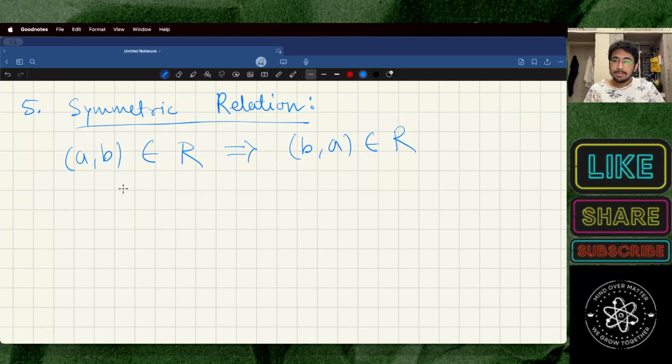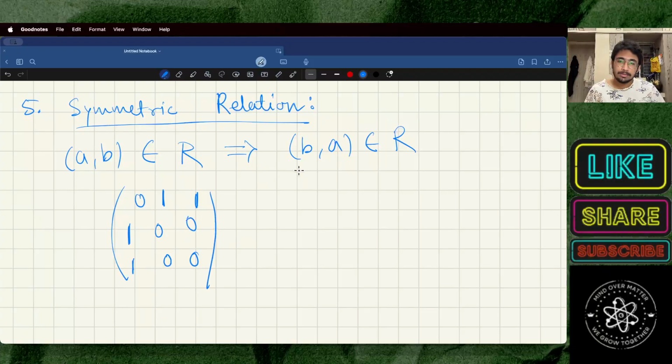So in matrix representation, suppose I have this element, 1 comma 2, then I must have this element also, 2 comma 1. And if I have this element, then I must have this element also. So this is a symmetric relation because the matrix looks like a symmetric matrix, right?